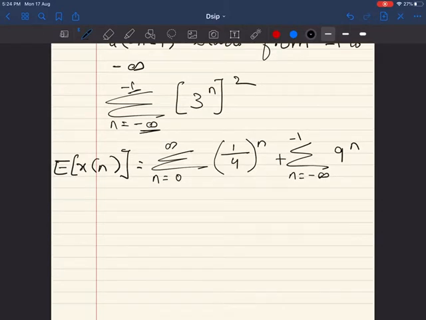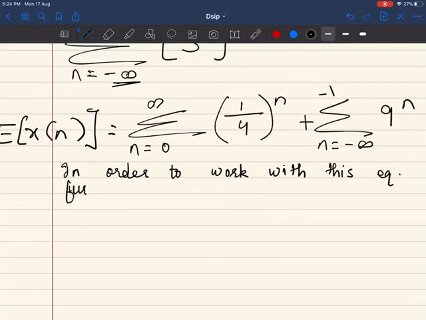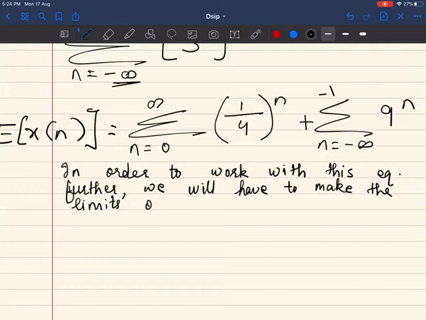Now, in order to work with these equations, we will have to make the limits on the summation similar or the same.